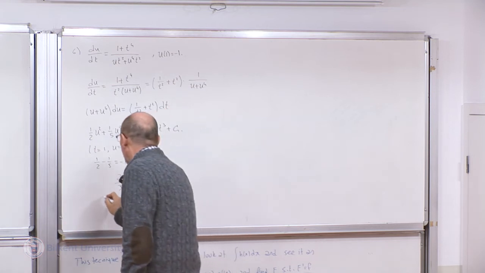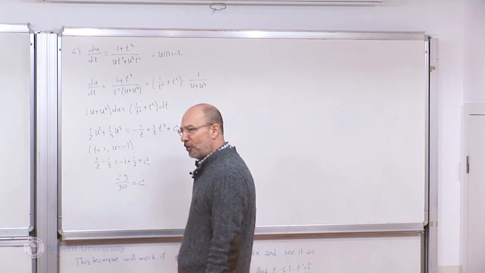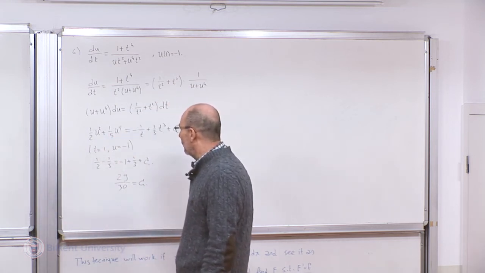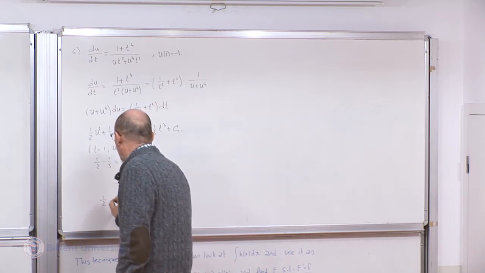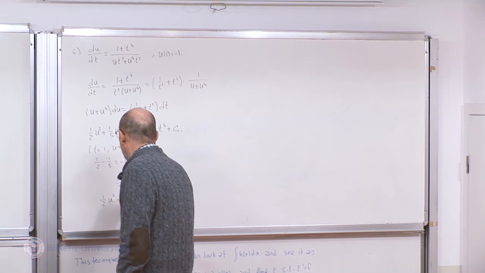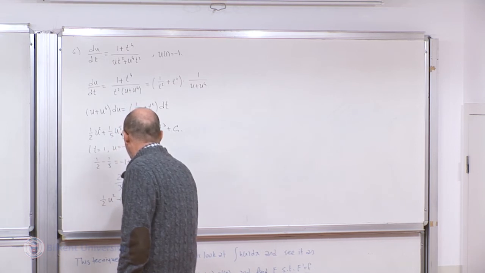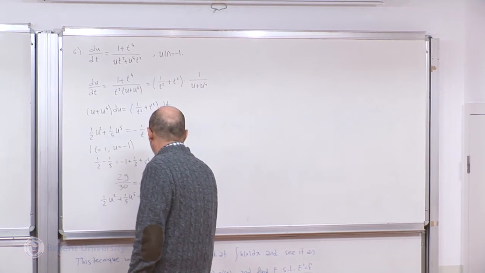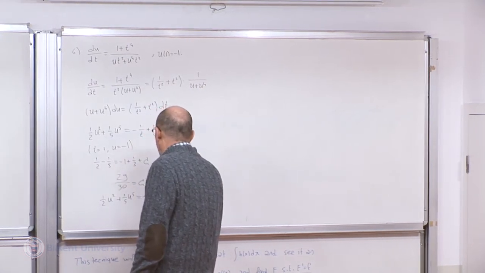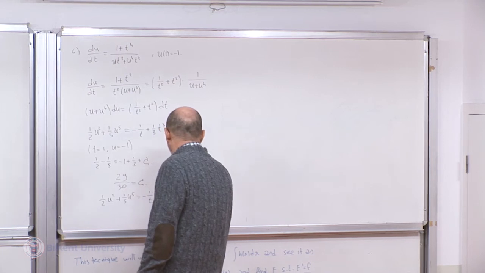Okay, so you see there is no hope of solving this in terms of u unless numerically or using some very complicated techniques. 1 over 2 u squared plus 1 over 5 u to the 5 equals minus 1 over t plus 1 over 3 t cubed plus 29 over 30.